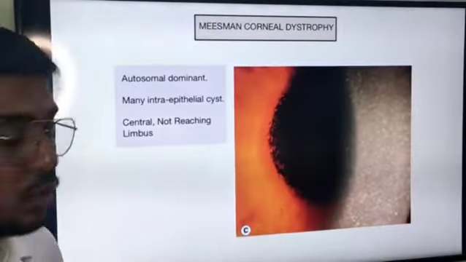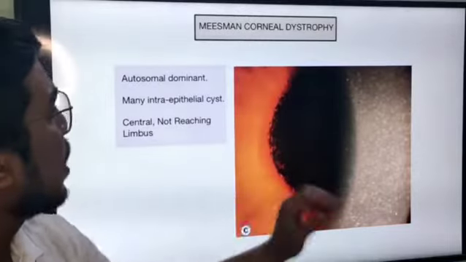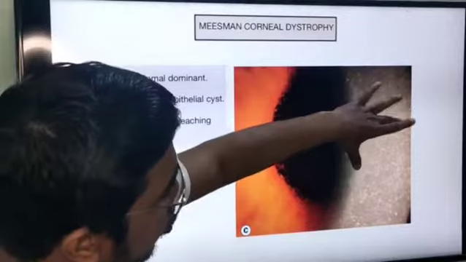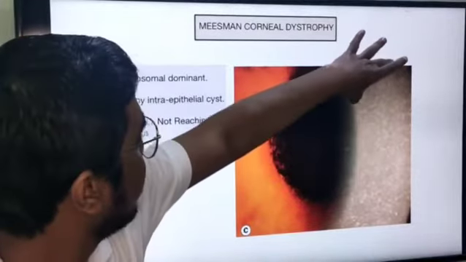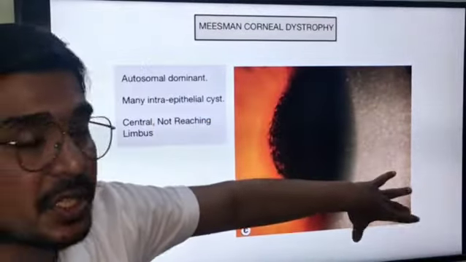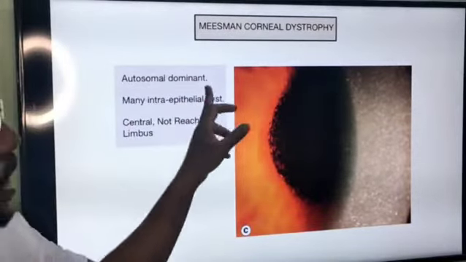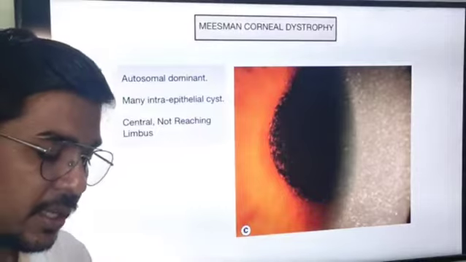Moving to the second type, Meesmann corneal dystrophy. Can you see this? What is this? These are many intraepithelial cysts, and this is called Meesmann corneal dystrophy. It is autosomal dominant, a very important question. They can ask it.